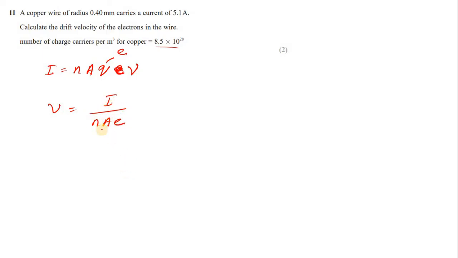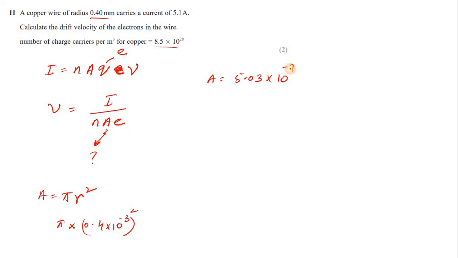That means we need to find first the area of the wire. So the area of the wire A is equal to pi r square. Radius is given. So pi times (0.4 times 10 to the power minus 3, because it is in millimeter) whole square. So area A would be equal to 5.03 times 10 to the power minus 7.